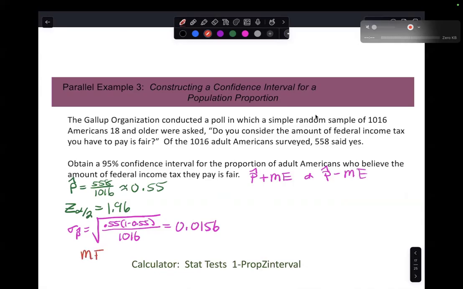Margin of error is going to be z sub alpha divided by 2 times sigma sub p hat. So it's going to be 1.96 times 0.0156. This is going to be my margin of error. So it's just telling me the z-score times the standard deviation.